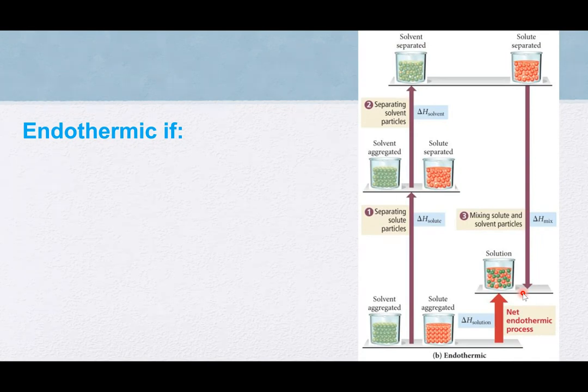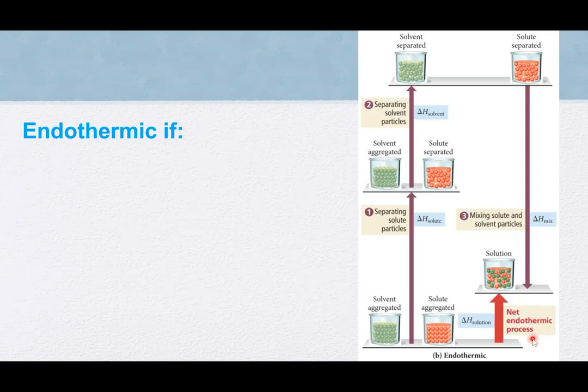But what we notice here is that our landing pad is still higher in energy than where we started, right? So even though we got a return on our investment, we didn't get all of our money back, right? So here we would see a net loss of energy, or this would be a net endothermic process.